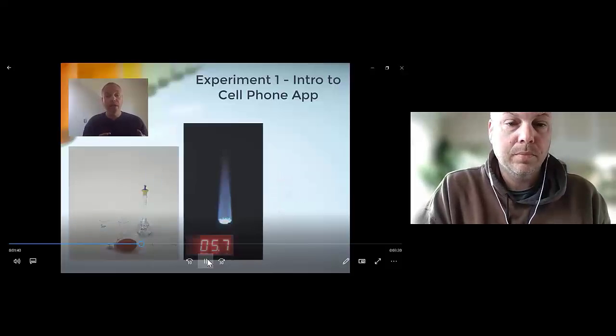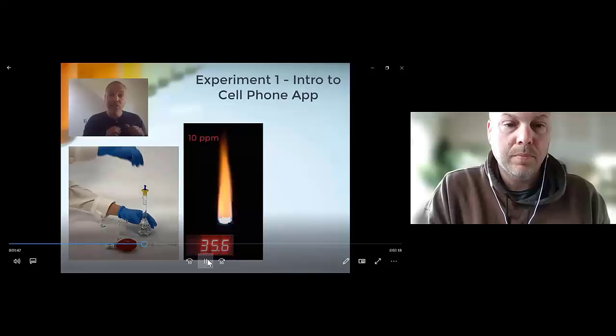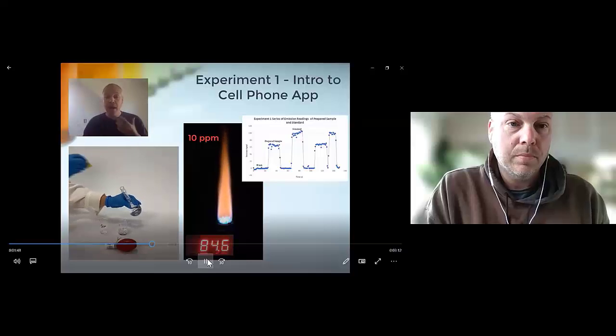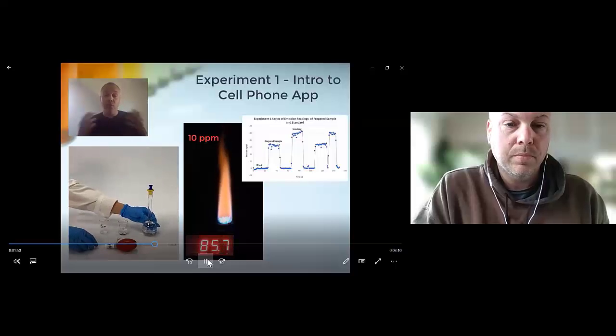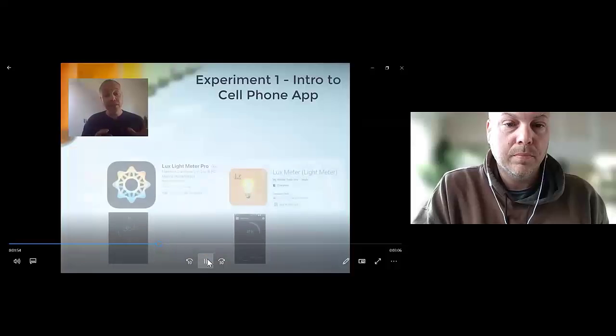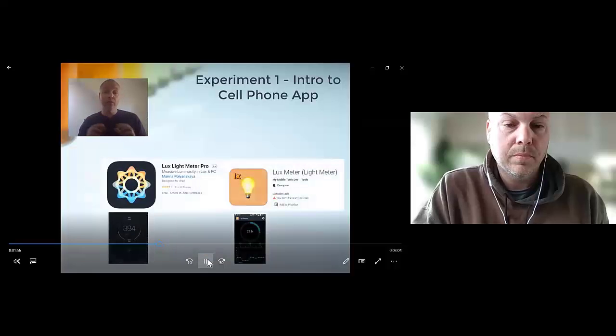Traditionally, Experiment 1 is an introductory lab easing the students into our analytical lab. In this, students would traditionally collect data and compare 2 different data sets using a variety of different analytical statistical analysis. We did this by providing the links for one of the 2 LuxMeter apps for our cell phones. So you could either download an Apple LuxMeter app or an Android LuxMeter app.